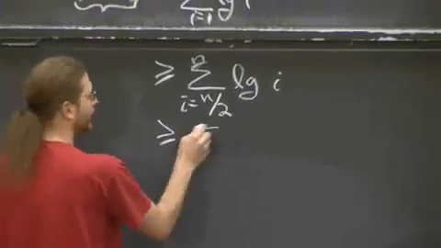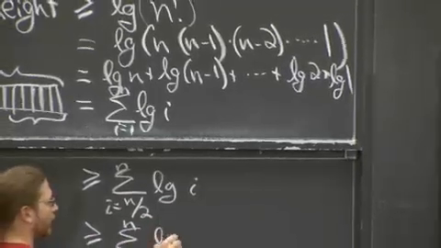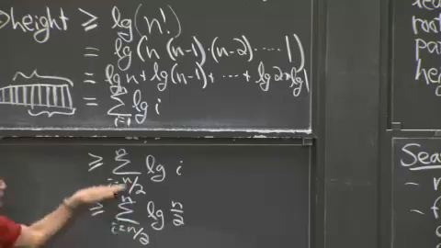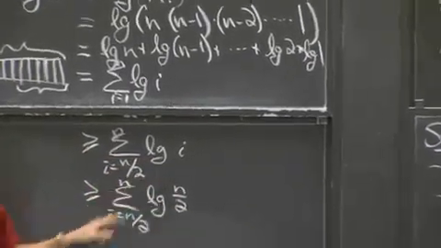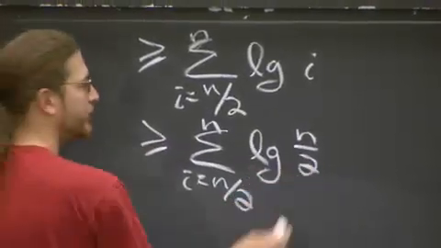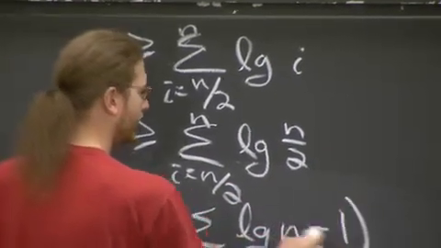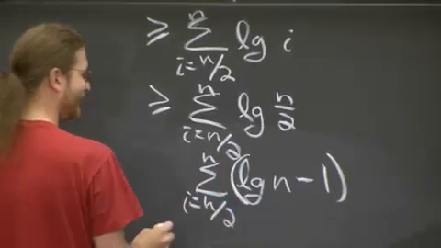And this is going to be at least the sum i equals n over 2 to n of log n over 2. Each of these terms is bigger than log n over 2. So if I just say they're all log n over 2, that's going to give me something even smaller. But log n over 2, that's just log n minus 1.